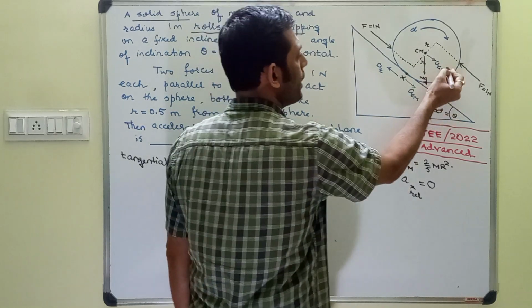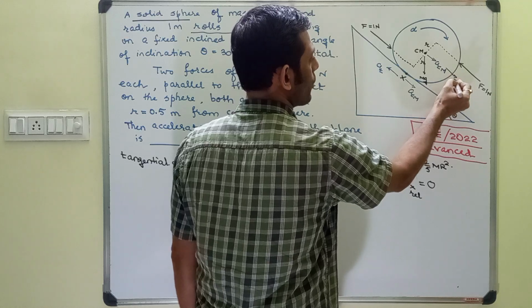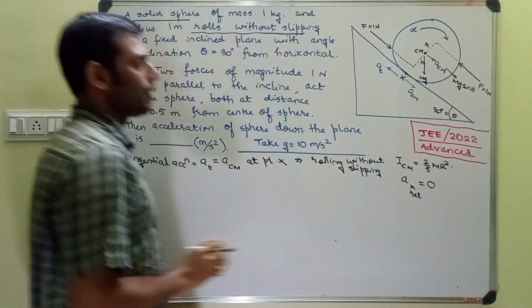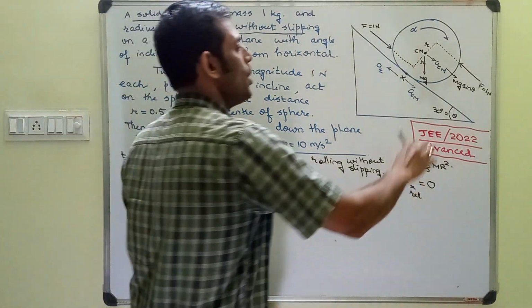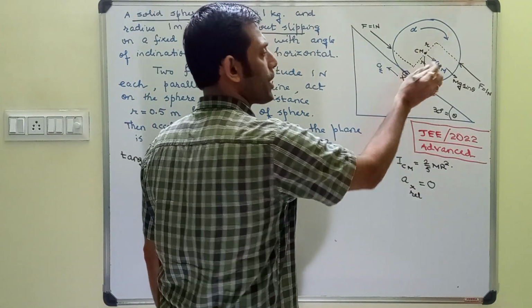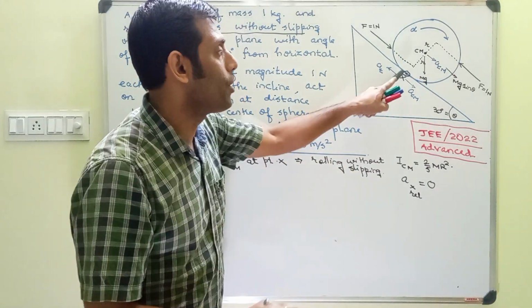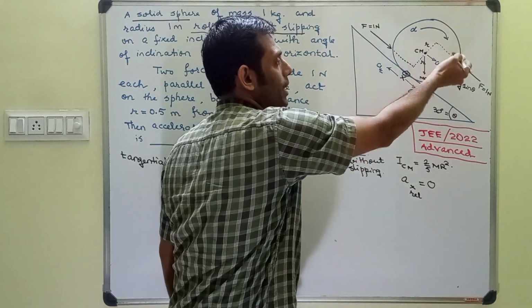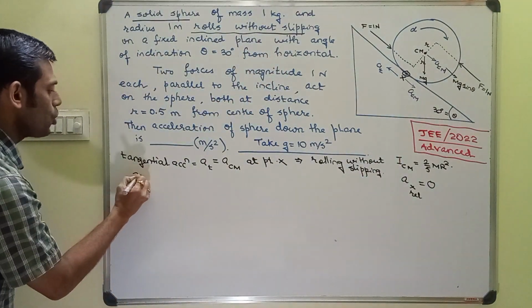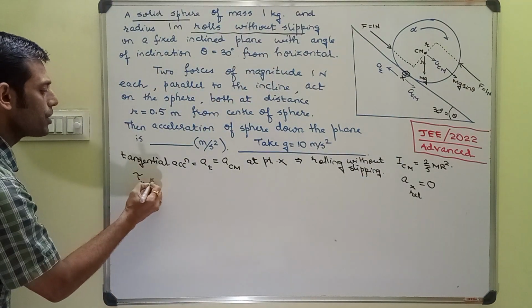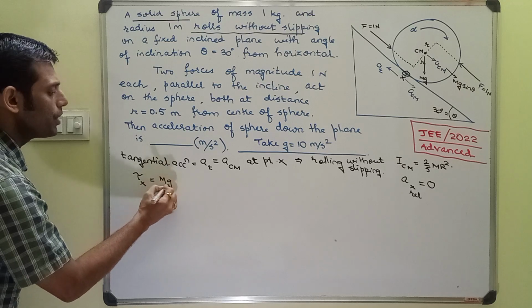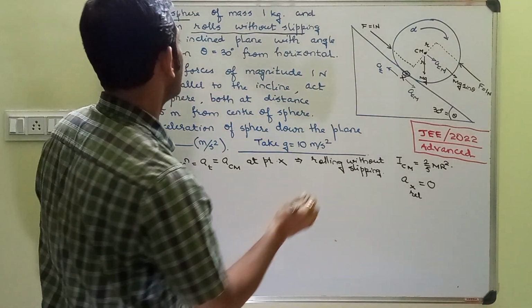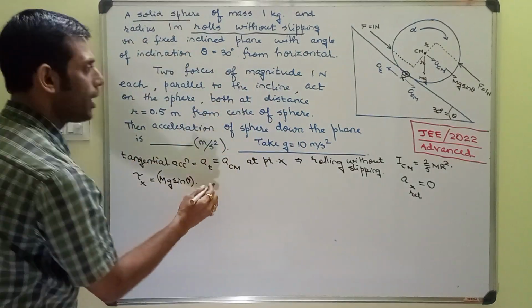That means the component acting along the incline at the center of mass would be equal to mg sin theta, and therefore this force will, about the point of contact x, produce a torque, due to which it will have an angular acceleration alpha. That means torque about the point x is equal to mg sin theta as the force into the radius, which is equal to capital R.